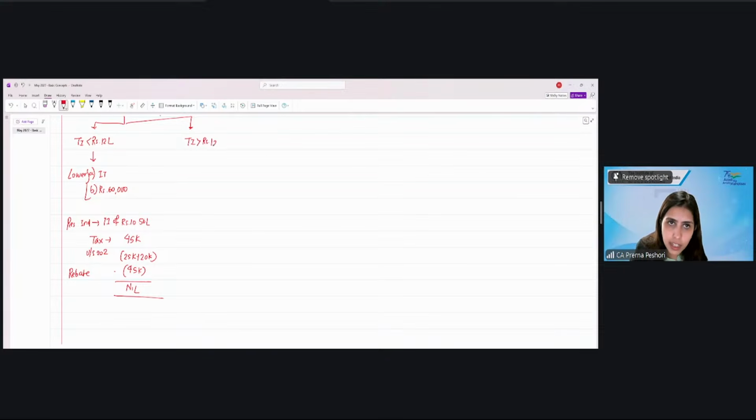Now what if my total income is greater than 12 lakh? Then if my total income is exceeding 12 lakh, I have to follow 3 steps. Step A is total income minus rupees 12 lakh. Step B is compute the tax liability on the total income.